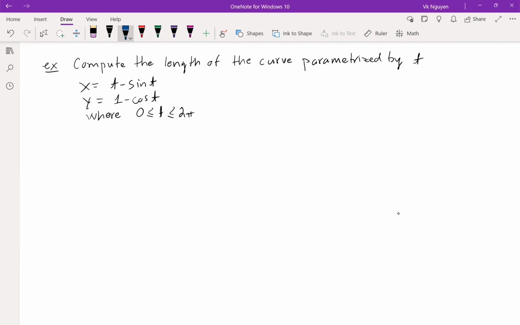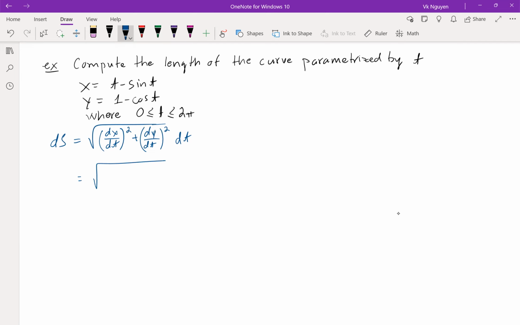So let's not sketch it out, and we can compute the length of the curve by figuring out what ds is. It's the root of (dx/dt) squared plus (dy/dt) squared, dt. Ta-da!